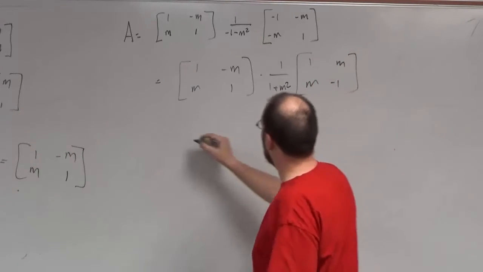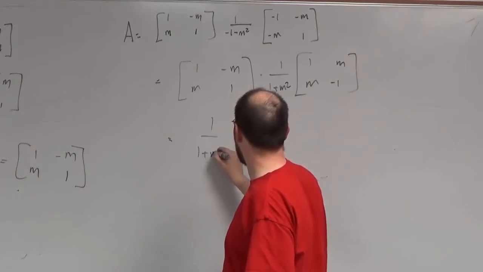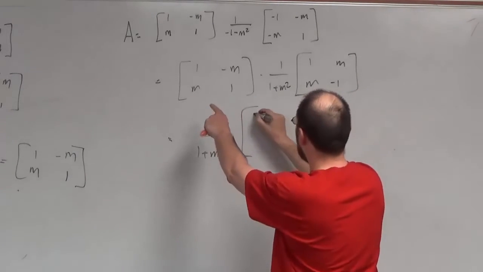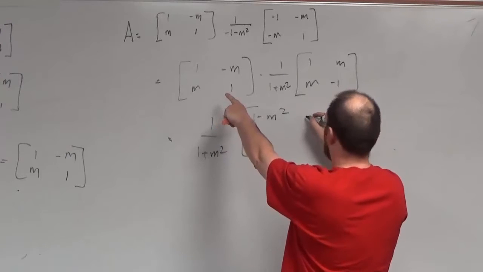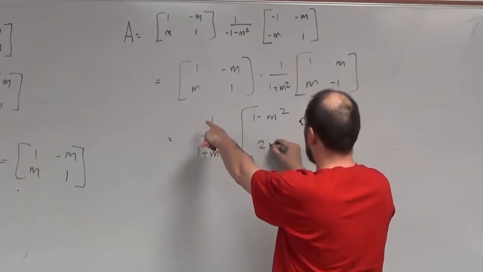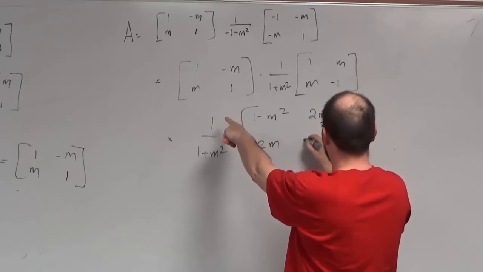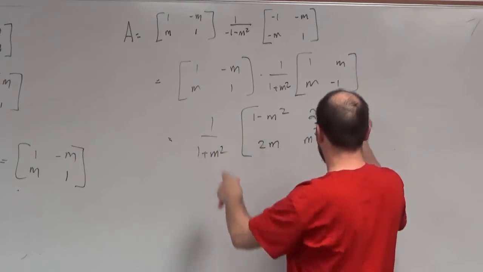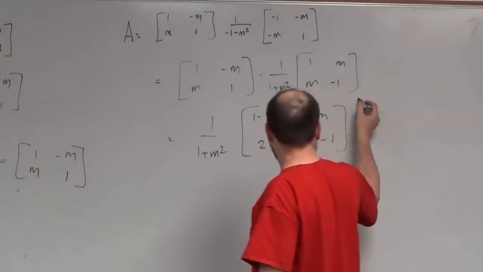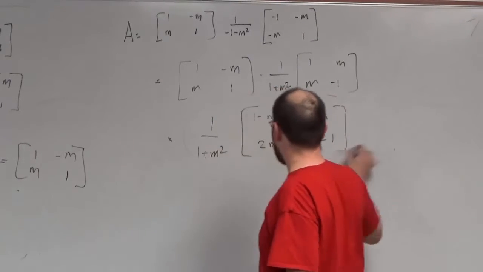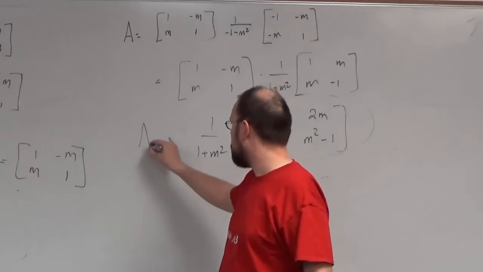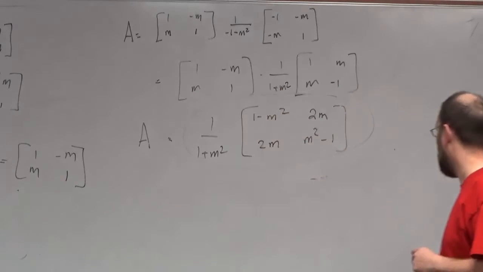Easier to look at. Okay, so we get 1 minus n squared, 2n, 2n, n squared minus 1. So that's, given a line with slope n, the standard matrix for the reflection about that line in the plane.